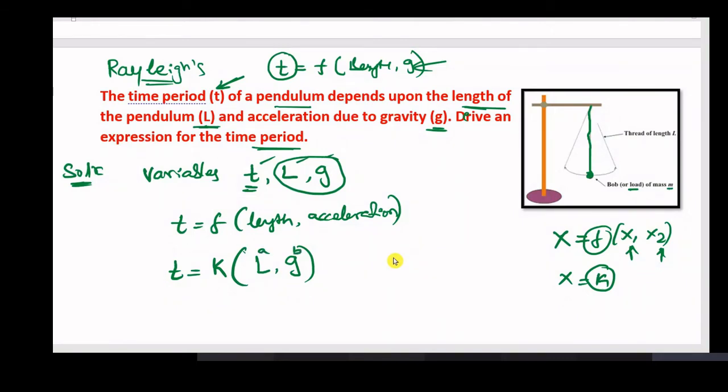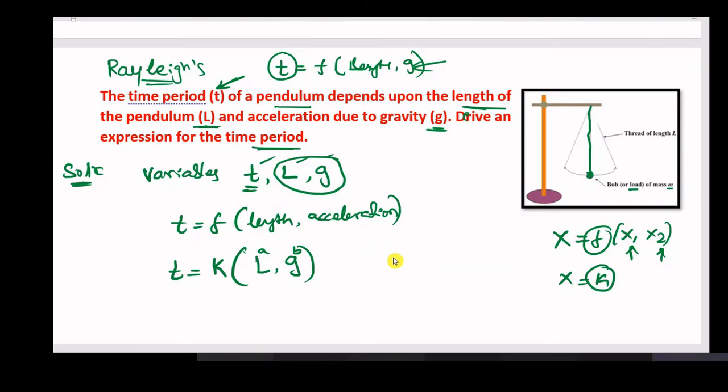For G you take b. If you have another variable, the power will be c. If you have a fourth variable, the power will be d, like that. What are a and b? a and b are arbitrary constants. k is also a constant. So on the left hand side, it is T.